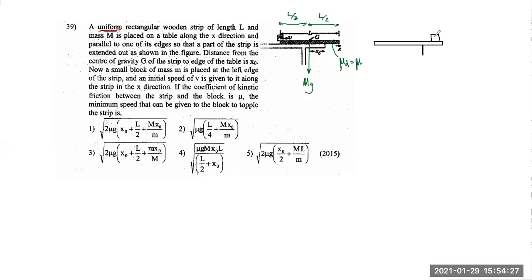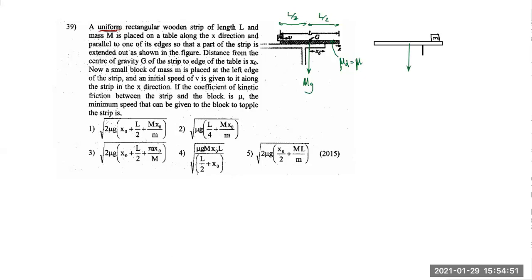We don't know what that length is. When the block is at this point, the strip will be at the verge of toppling. That means it's like this, this is the edge, and this is where the weight is acting. I have already marked it. So when the strip is at the verge of toppling, this is how the situation is going to be.